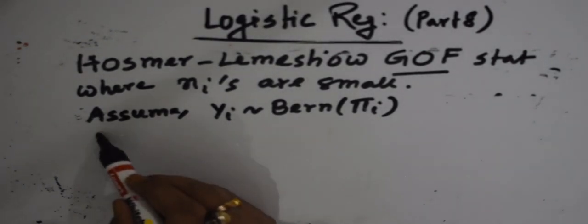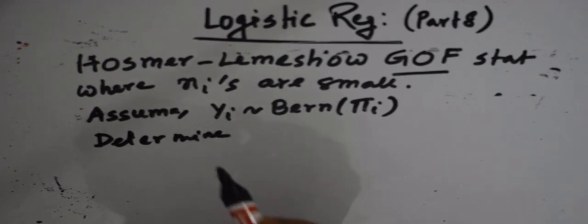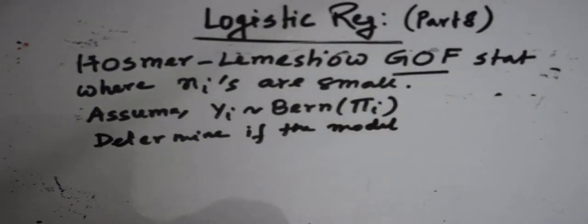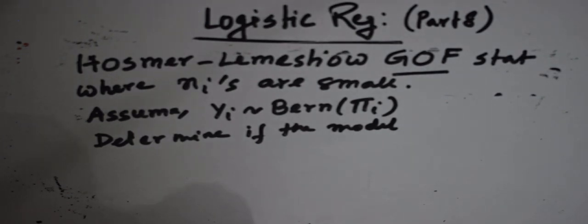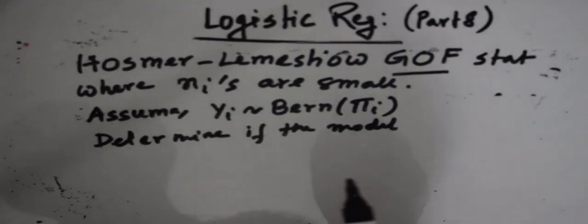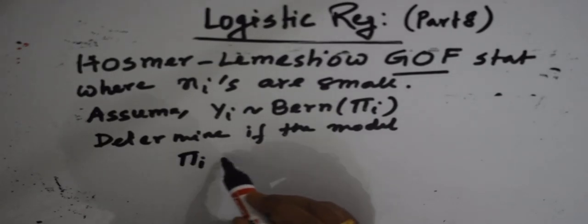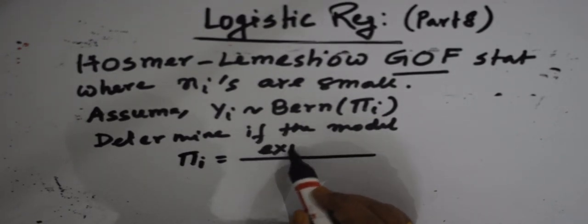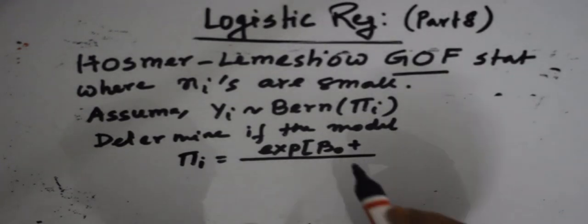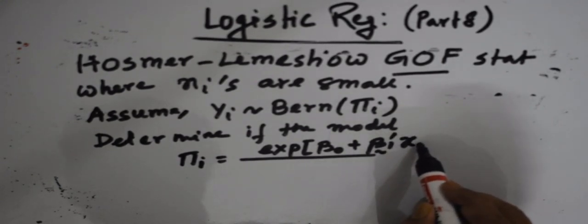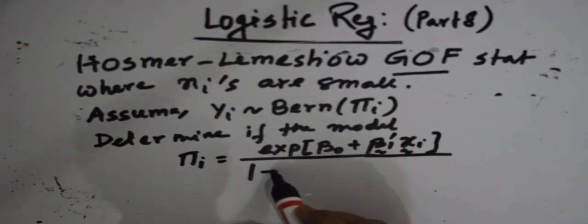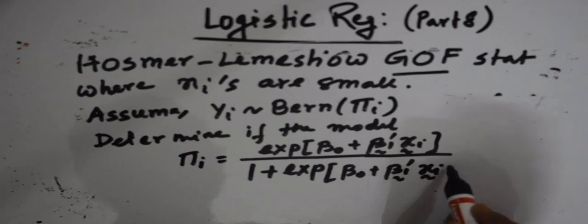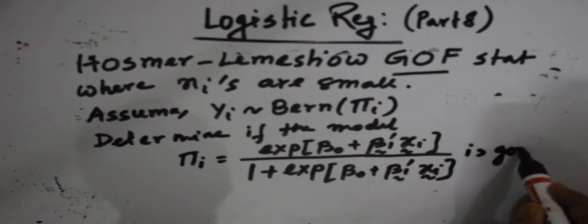Then we want to determine if the model pi i equal to e to the power beta naught plus beta 1 curl prime xi curl by 1 plus e to the power beta naught plus beta 1 curl prime xi is a good fit.